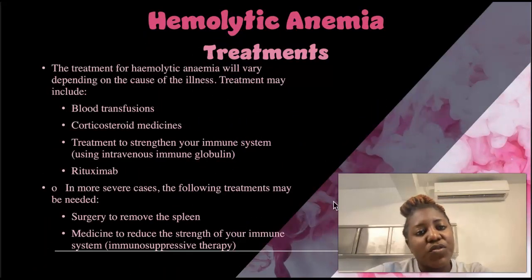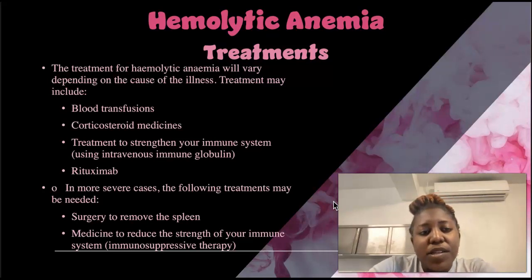To continue on to treatments, the treatment for hemolytic anemia will vary depending on the cause of the illness. Treatment may include blood transfusion, corticosteroid medicines, and treatment to strengthen your immune system using intravenous immune globulin.